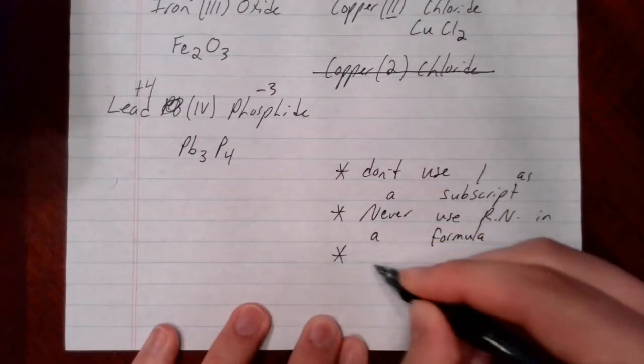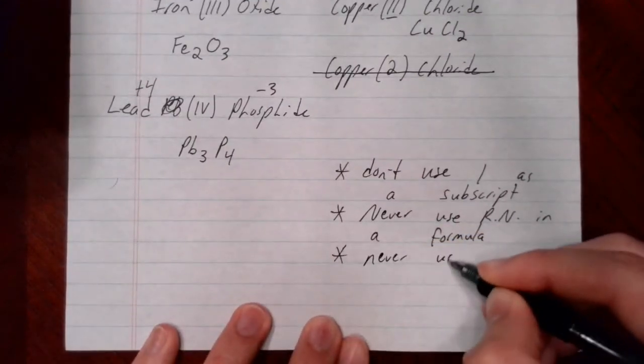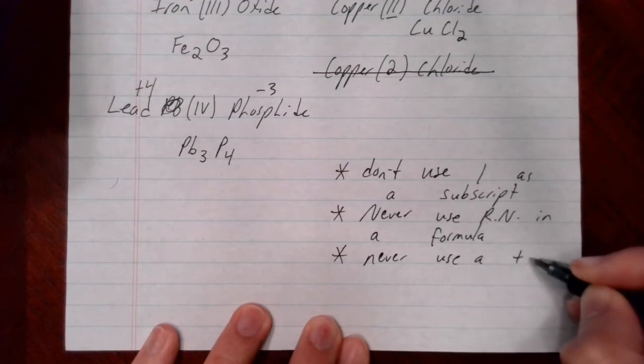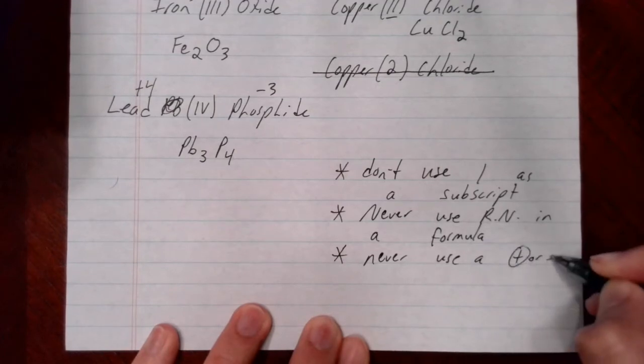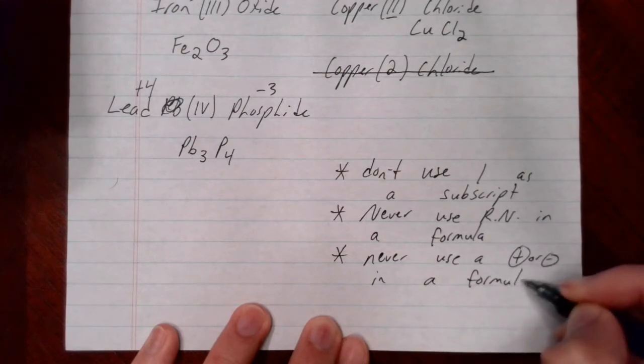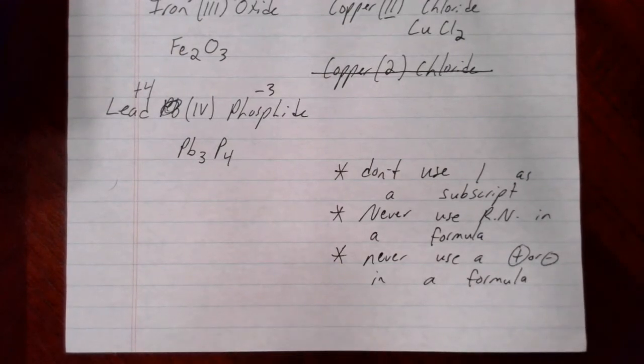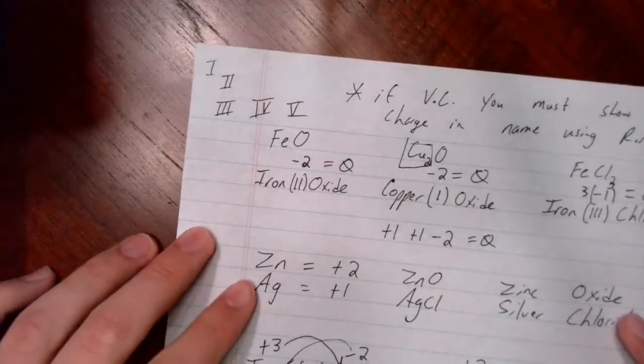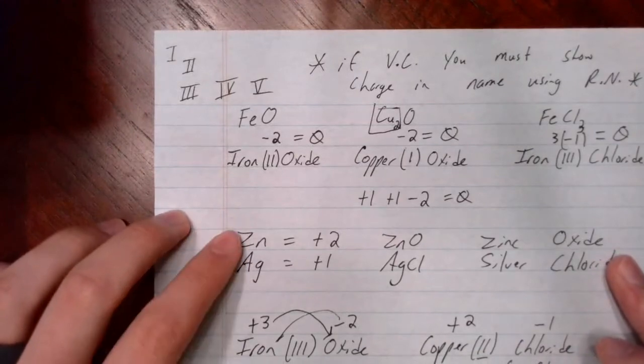Okay? Never use a plus or minus in a formula. Let's see if there's any other common mistakes I can think of. And then just keep in mind that silver and zinc have set charges.